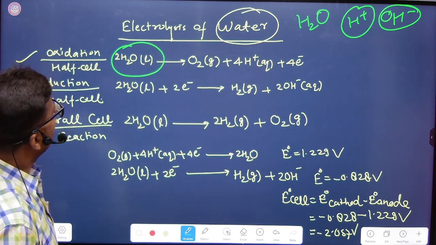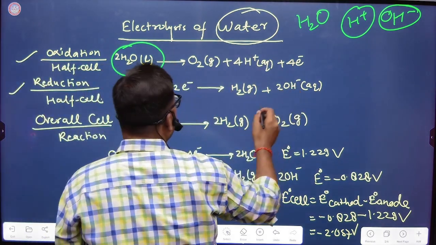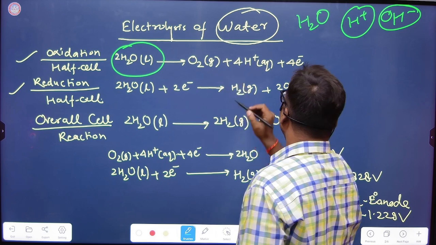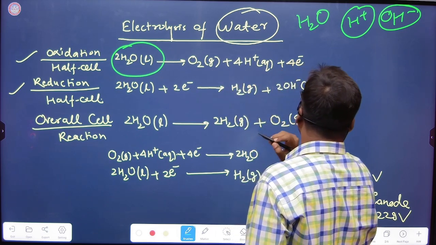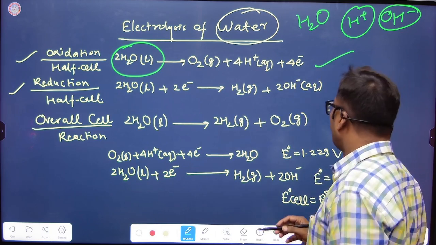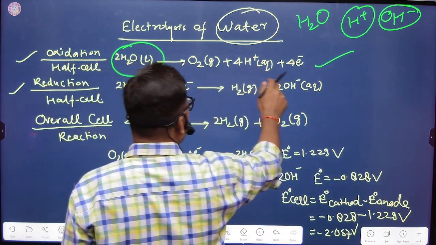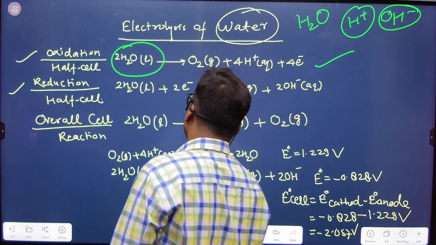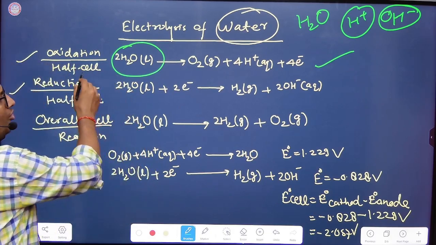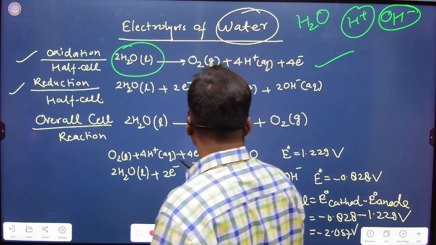So this is the possibility of reactions in water, that is 2H2O is converted into oxygen gas plus 4H plus aqueous plus 4 electrons. Here the electrons are on the right hand side of this reaction, so it is oxidation. So in the electrolytic cell, the water first gets oxidized by releasing 4 electrons, right?